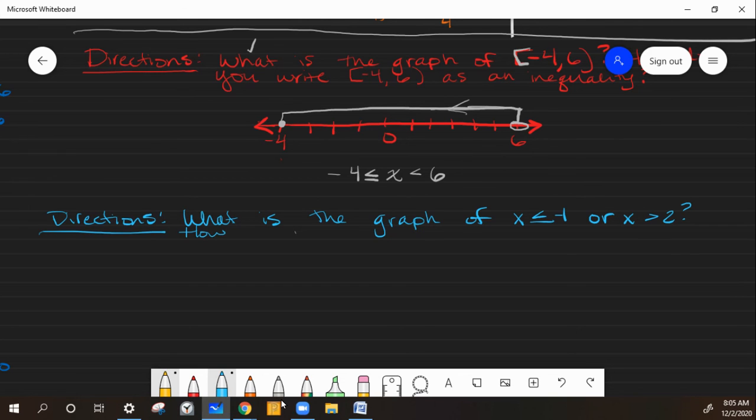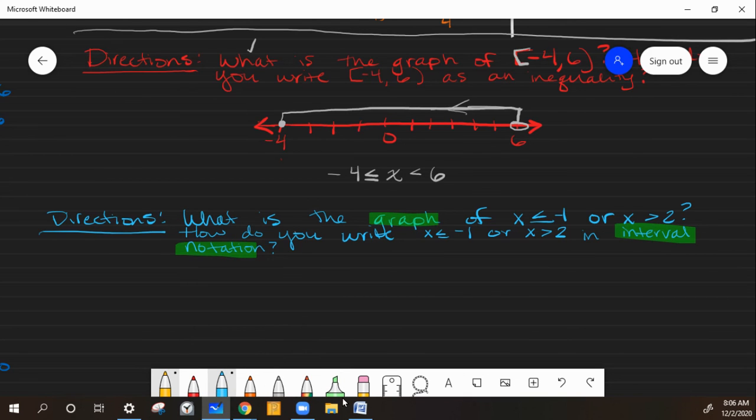And I bet you know it's coming, how do you write x is less than or equal to -1, or x is greater than 2 in interval notation? Okay, so if you see here in the directions, the first thing we need to do is graph it, and then we need to write it in interval notation.